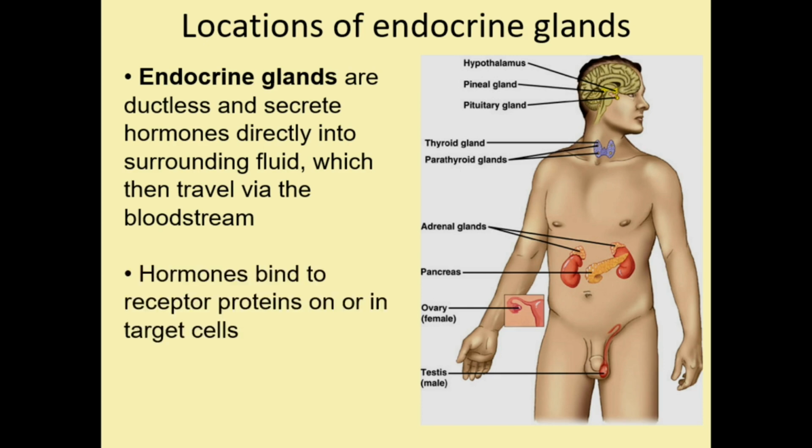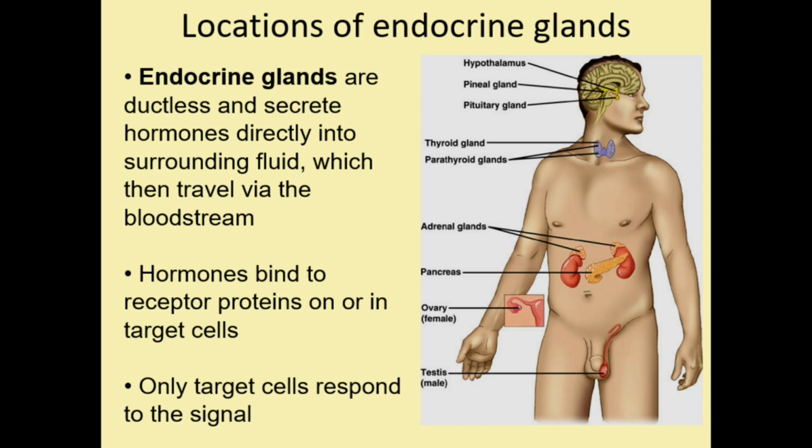And as we mentioned previously, only those target cells that have the correct receptors will respond to the hormone. And those receptors can either be embedded within the plasma membrane of the target cell, or they can be located within the cytoplasm of the cell, and in some cases actually inside the nucleus of the target cell. But only those target cells that have the right receptor proteins will respond to the hormones.